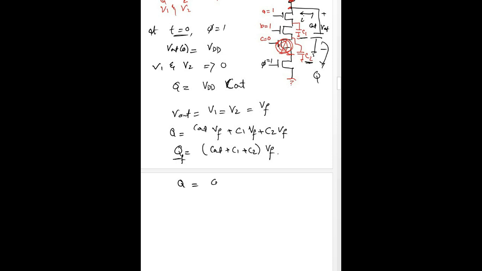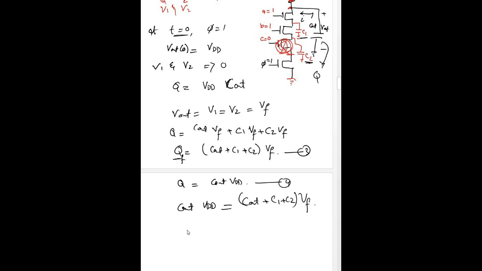The initial charge was C out VDD. So if we equate these two expressions, 3 and 4, we will get C out VDD equal to C out plus C1 plus C2, multiplied by Vf.